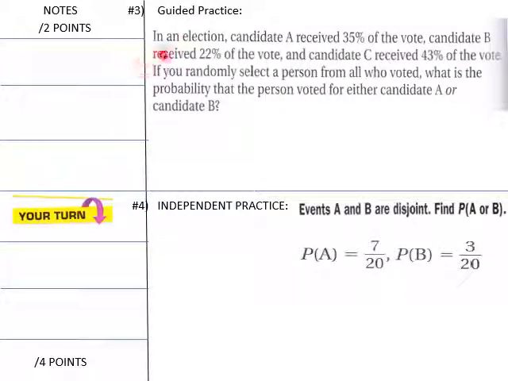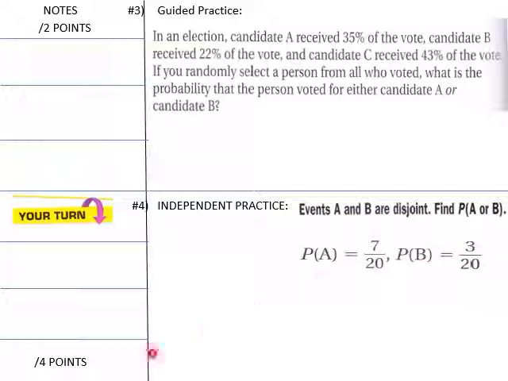Okay, into our next guided practice here. In an election, candidate A received 35%, B received 22%, C received 43% of the vote. If you randomly select a person from all who voted, what is the probability that the person voted for either candidate A or candidate B? Students, this is yours down here. They're disjoint.